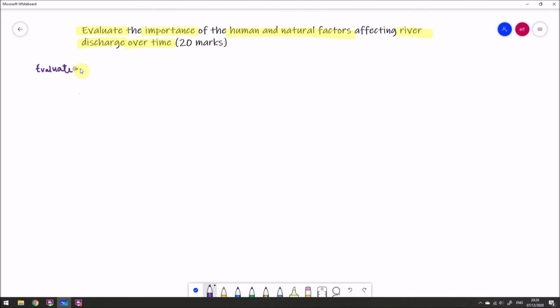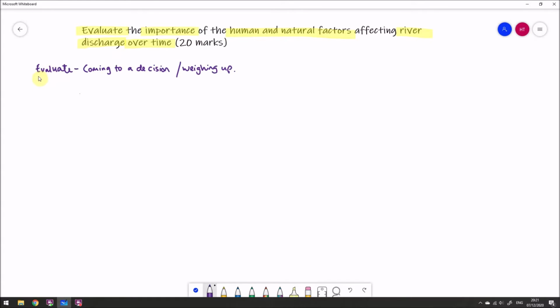Now, we think about what that command word actually means. Evaluation is all about coming to a decision, or kind of weighing up whatever it is the question's asking you to do. In this case, weighing up the importance of the human and natural factors affecting river discharge over time.